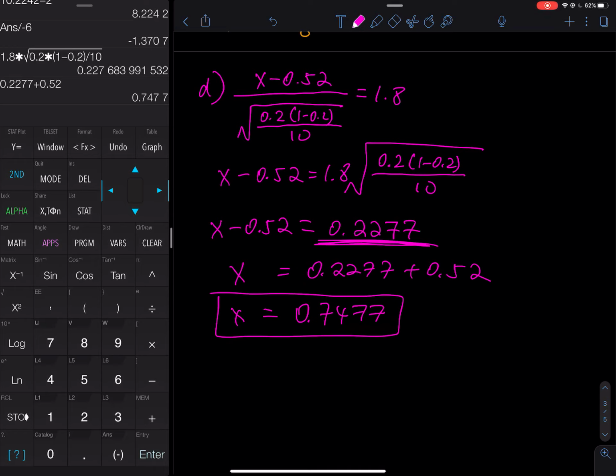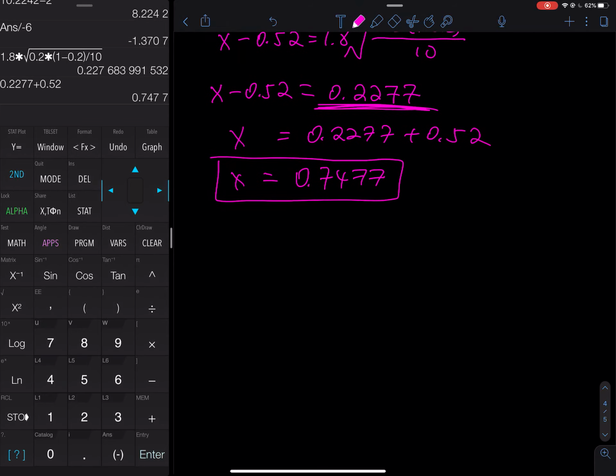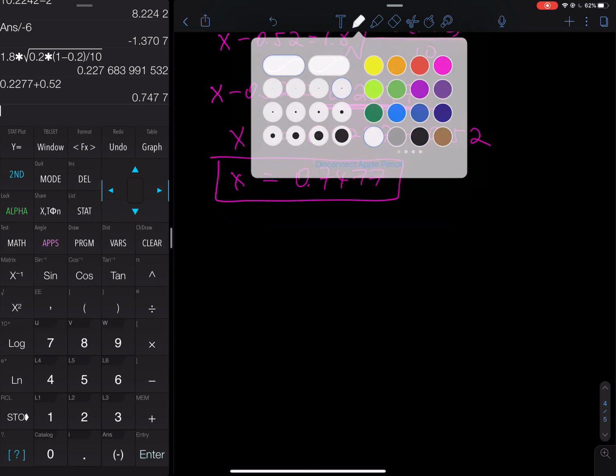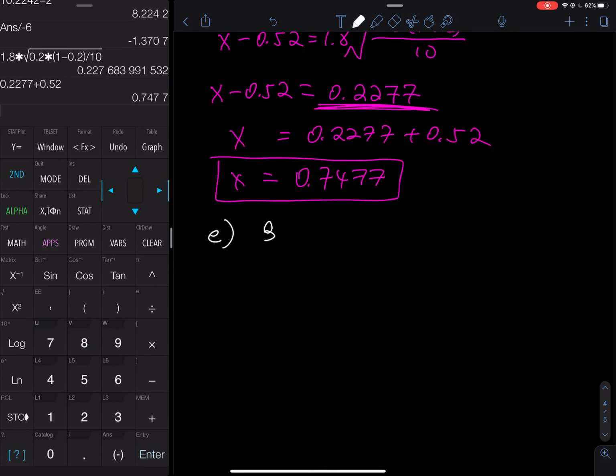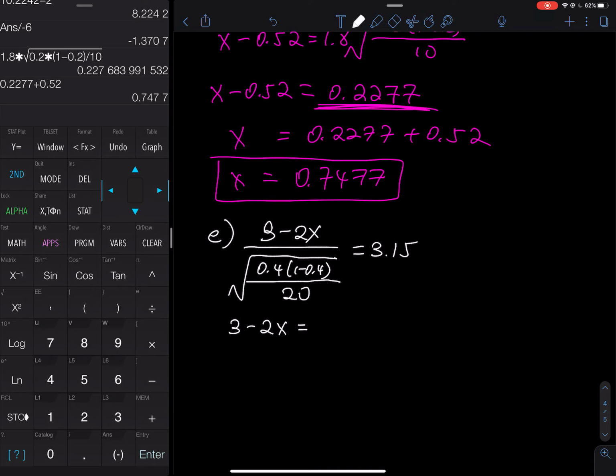And then moving on to E. Let's use white. E. 3 minus 2x divided by square root 0.4 times 1 minus 0.4 divided by 20 equals 3.15. All right, 3 minus 2x, I need to take 3.15 times this big square root term, 0.4 times 1 minus 0.4 divided by 20.